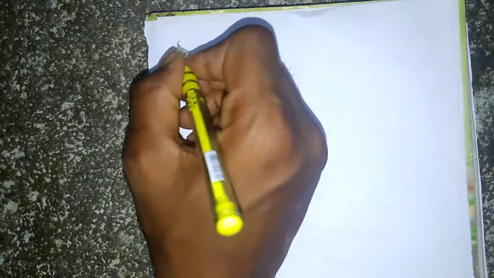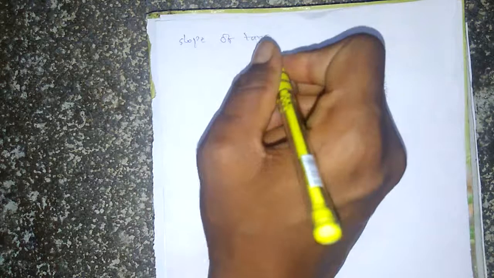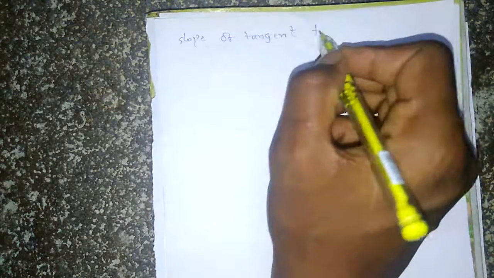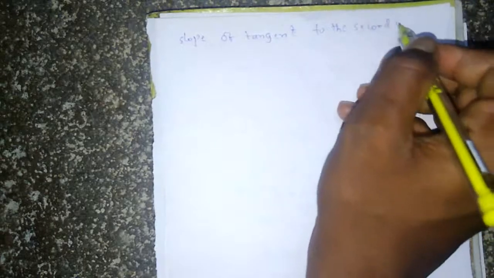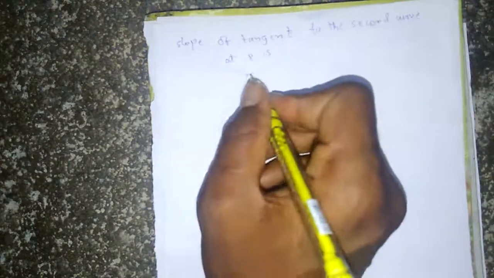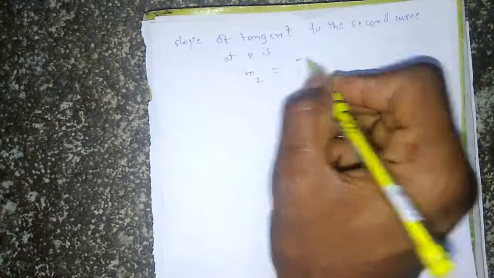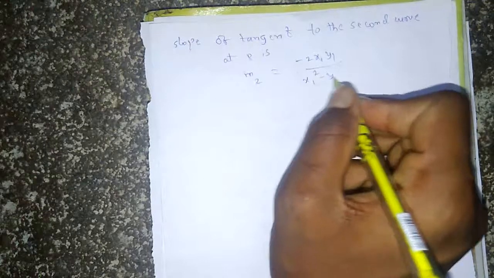So here also slope of the tangent to the second curve at the point P, let it be m2, is equal to minus 2x1 y1 by x1 square minus y1 square.